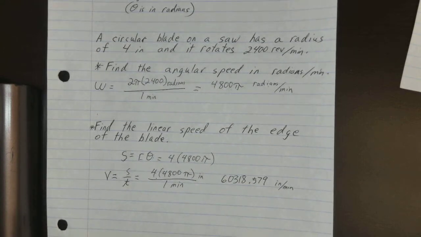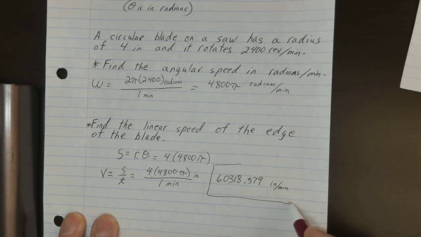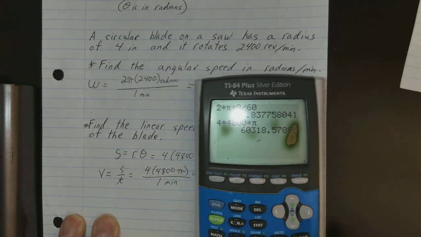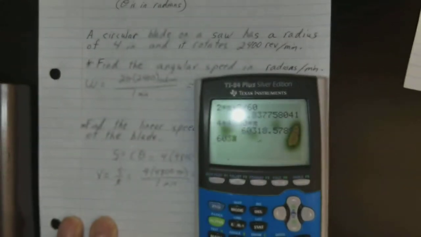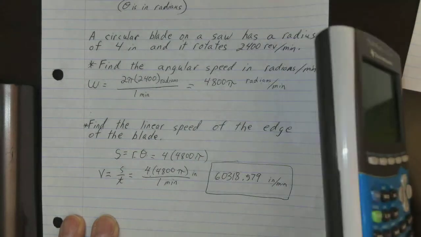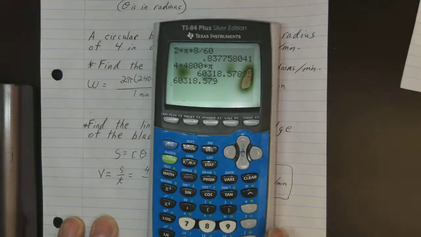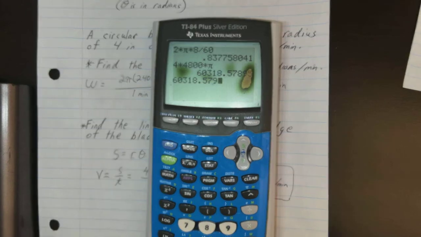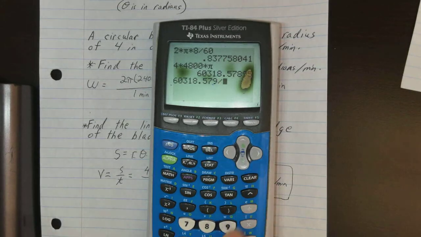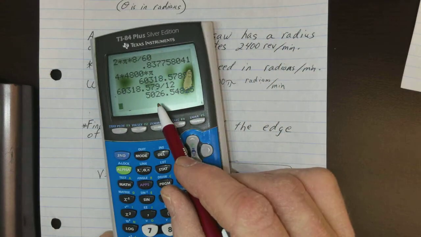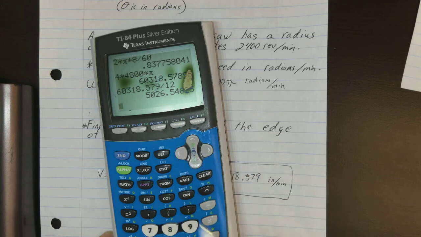Now, just for a little perspective, and this is fine, this is the answer, 60,318. If I take 60,318.579 and divide that by 12, we're talking 5,026 feet per minute.